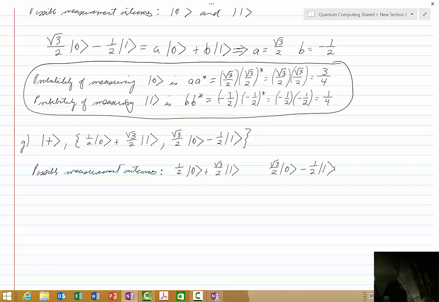And just as before, what we'll do is the following. We'll take the state that we are given and we will express it as A times the first term in the measurement basis. So this will be 1/2 0 plus square root of 3 over 2 1, plus B times square root of 3 over 2 0 minus 1/2 1.